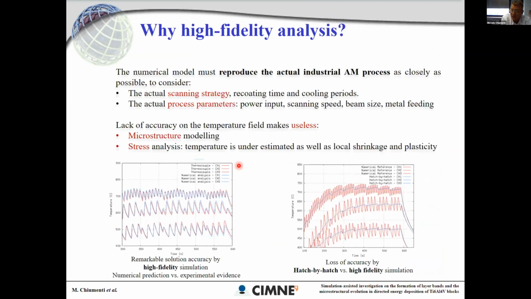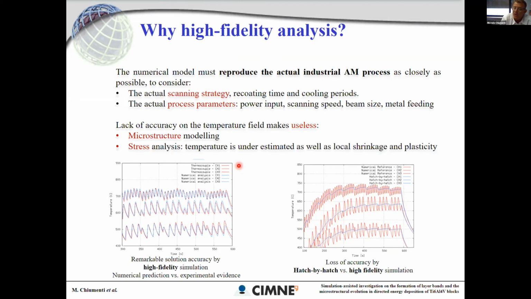So why high fidelity analysis? Well, we are looking for high fidelity because we want to reproduce exactly what is going on at the industrial level, and this is because we want to get results which can be useful for the prediction of what's going on in the part built by this kind of technology.